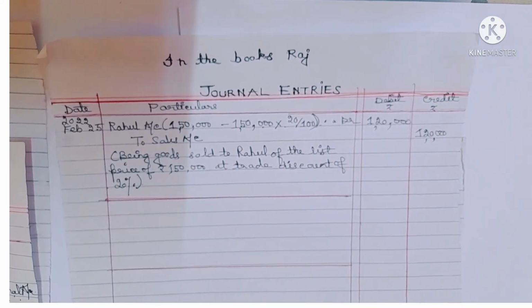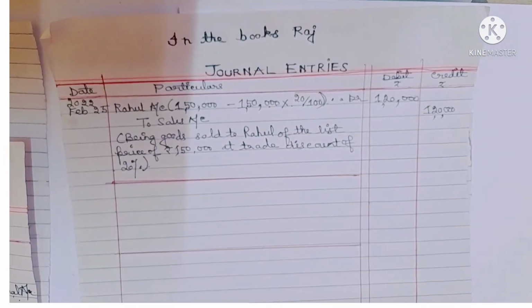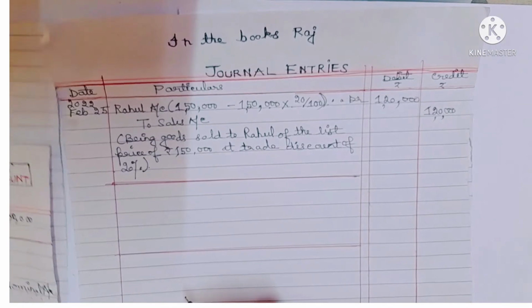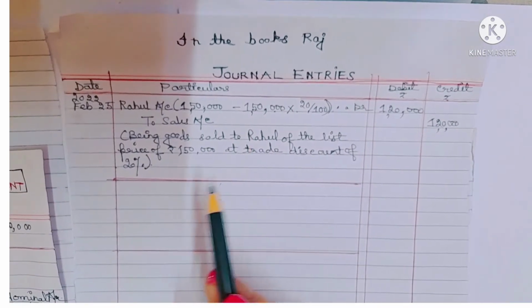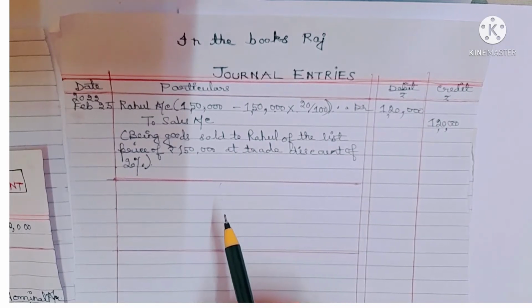What is trade discount? I have already discussed trade discount in my previous video. Let me tell you once again. Trade discount is allowed by wholesalers to the retailers at a fixed percentage on the listed price of goods.